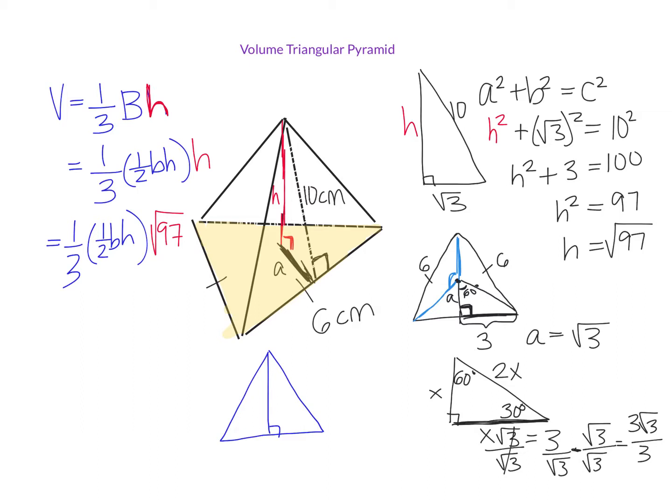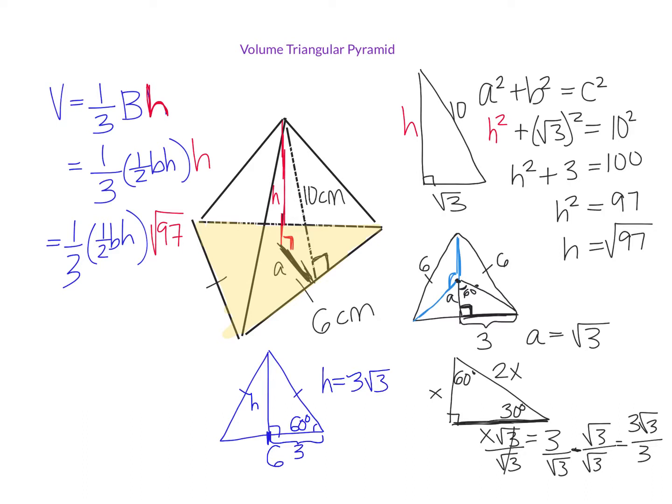So all of these sides are 6. Okay, so my height would be, if it's an equilateral triangle, that means all 3 of my angles are 60 degrees. So that means that the height, if we know that this is bisected to be 3, the height of the actual equilateral triangle is going to be 3 times the square root of 3.